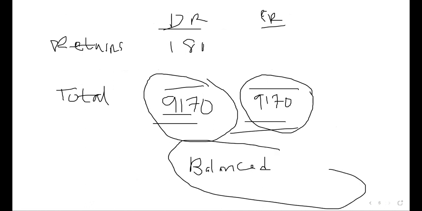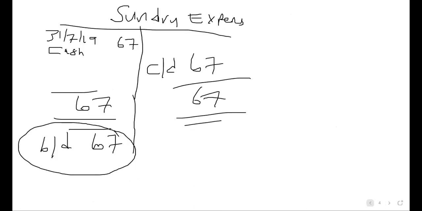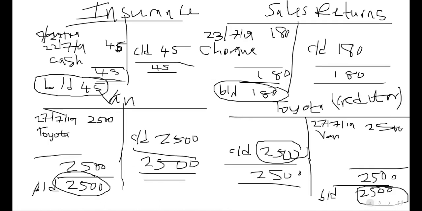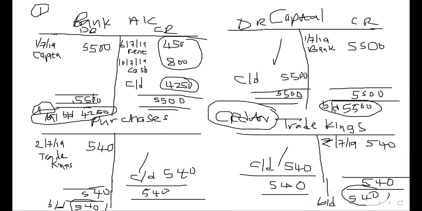It checks the accuracy of the double entry system for the debits and the credits. Okay, I'm sure you have understood this one. Unless there are questions. Is it clear?